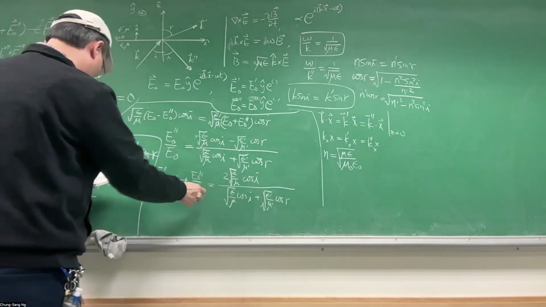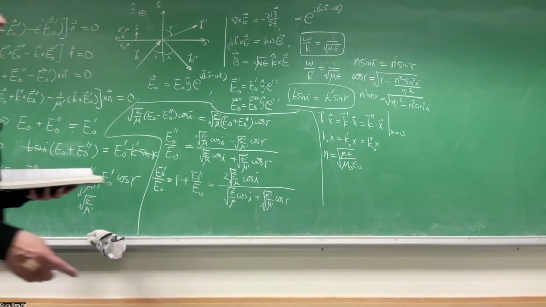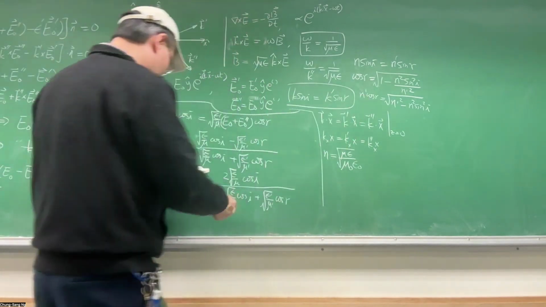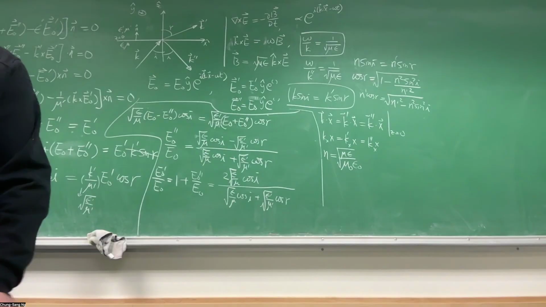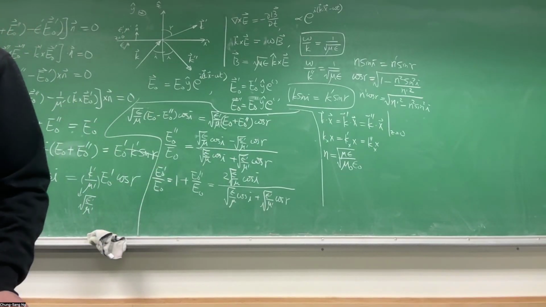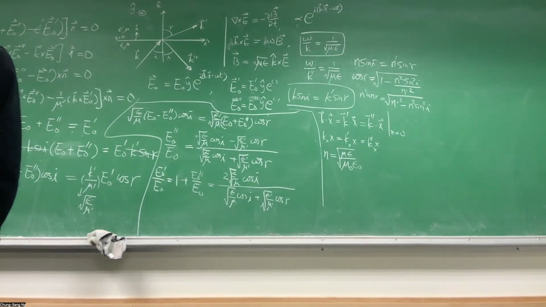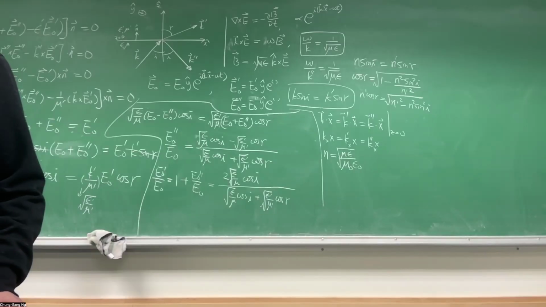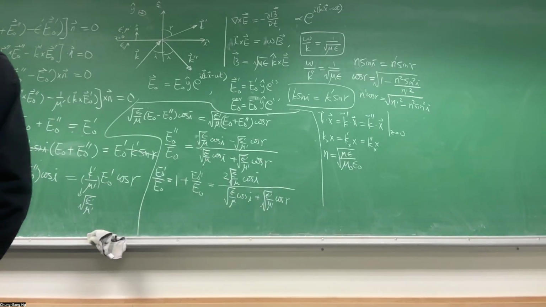So again, with all these substitutions with the index of refraction and then the Snell's law, you can check that these two are the same as 7.39. Is that okay? So it took quite a long time to derive that. Okay.